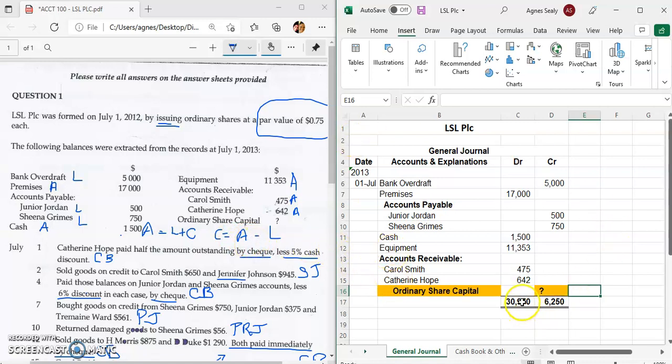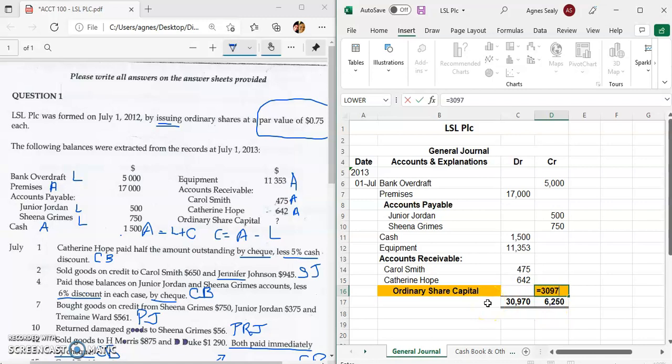our liabilities. Now, when we total our assets, we see that we have total assets of $30,970, and total liabilities of $6,250. So again, this is our accounting equation, where for our calculation we are going to subtract the $6,250 from the $30,970, and that will give us our ordinary share capital.